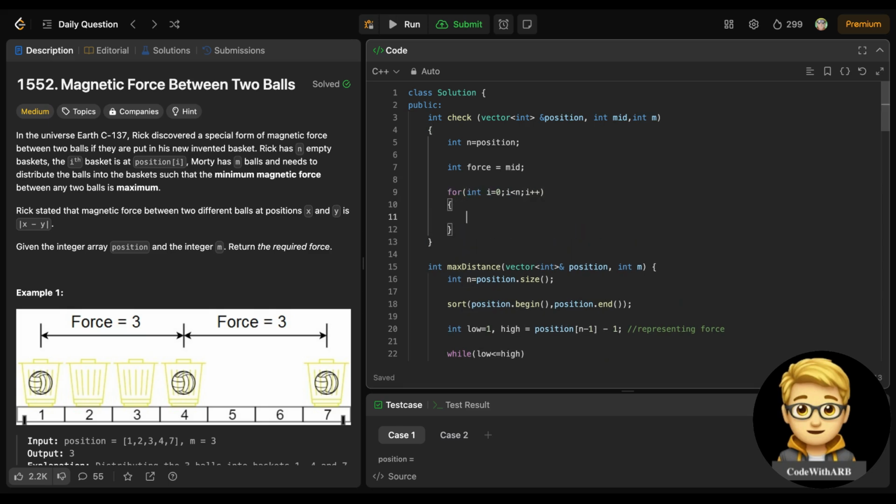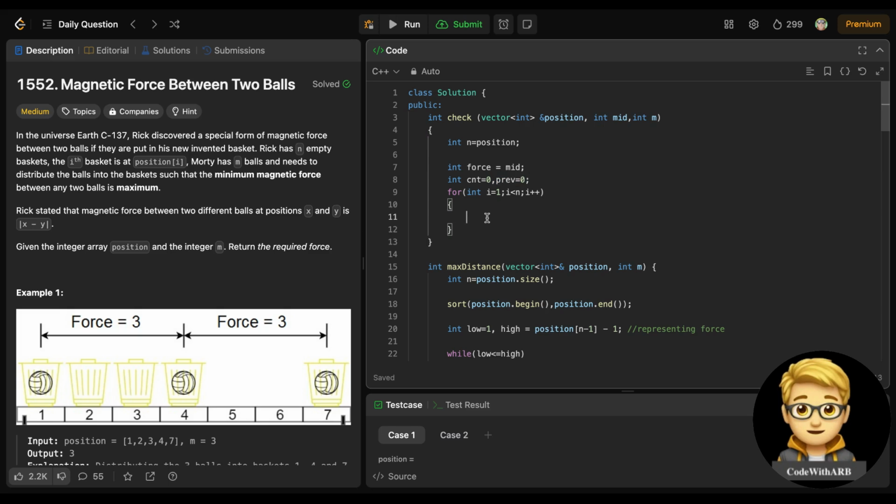The first ball must be placed at position 1. So if I placed the first position at position 0, I need to start from 1, right? Also I need to calculate the number of balls I can place, right? The second thing, I need to maintain the previous position. Right now it is 0.